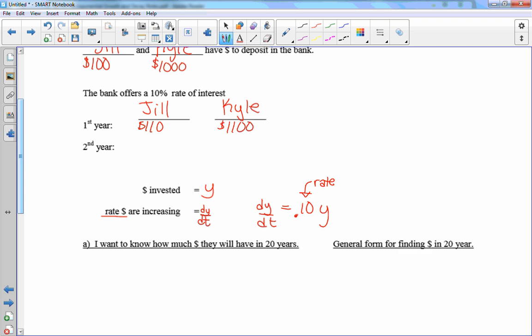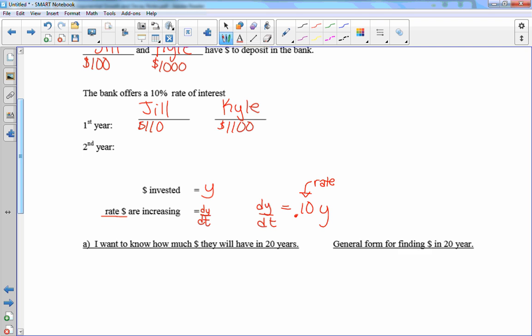So after 2 years, kind of a good question. Do we just add another $10 to Jill, or do we put interest based off of the first year's ending balance? It compounds after the first year. So 110 increased by another 10% would be, what's 10% of 110? $11.